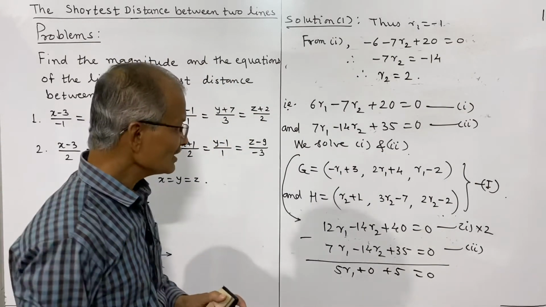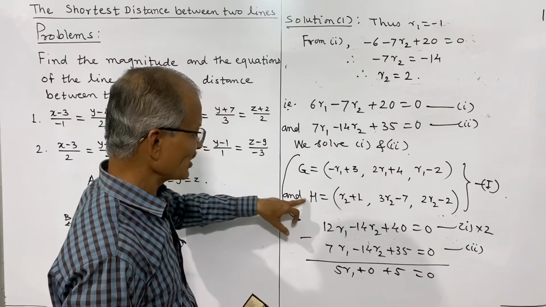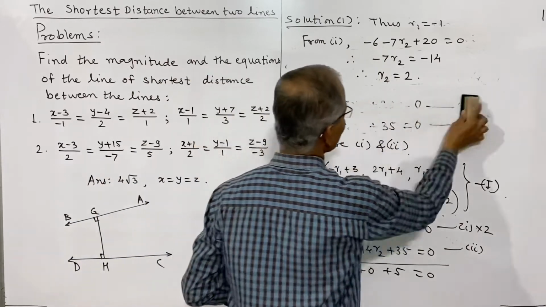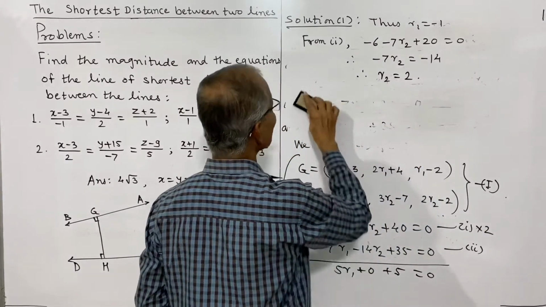So this gives the coordinates of the points G and H. From statement 1, the coordinates of G are given by putting the value of R1 as minus 1.